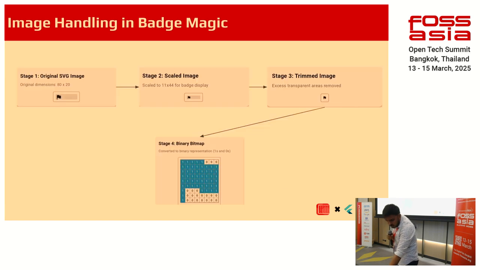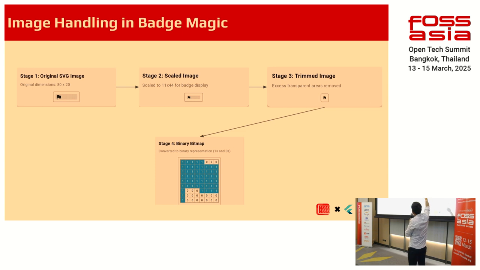I have some screenshots. This is a different application that I built at the very start just to know which images are going to be supported in our Badge Magic application or not. It will give you an understanding of what is happening. We have an original image of 80 cross 20, and then we scale it to the badge size that comes to 11 cross 44, and then we trim it.